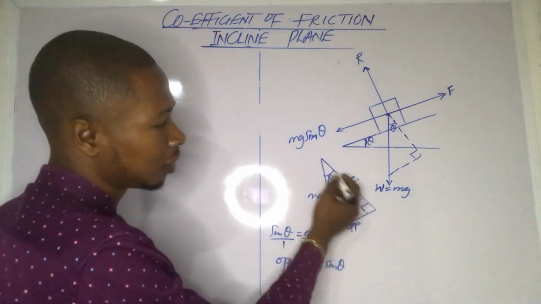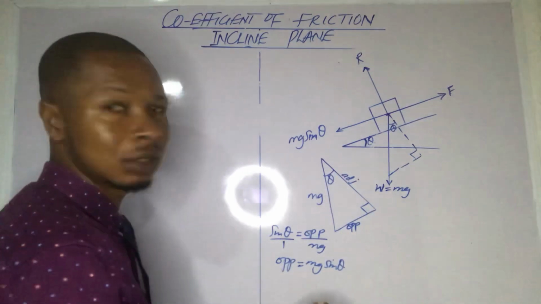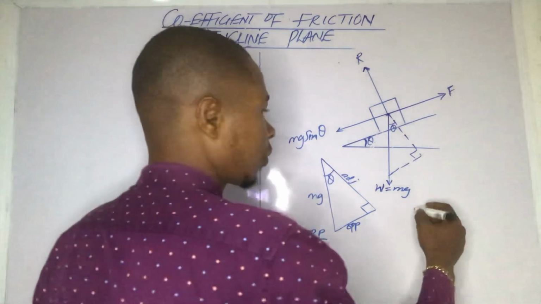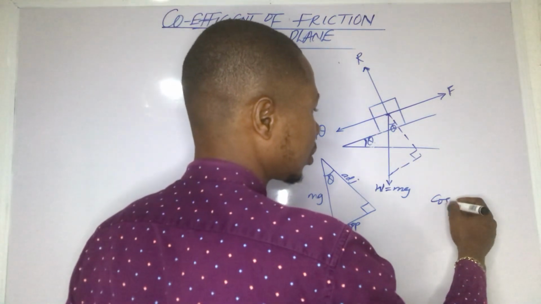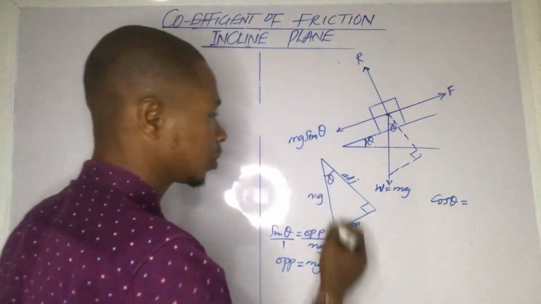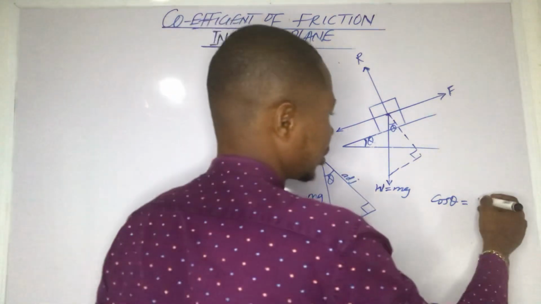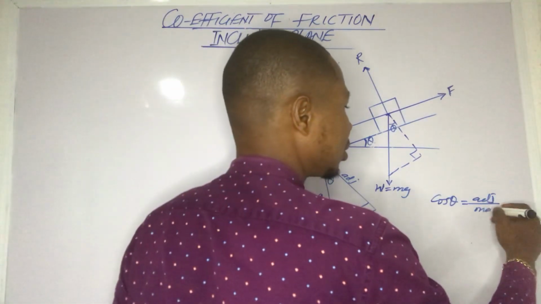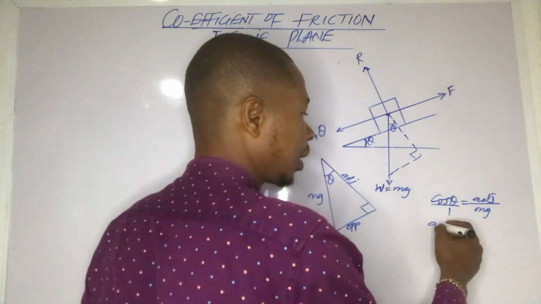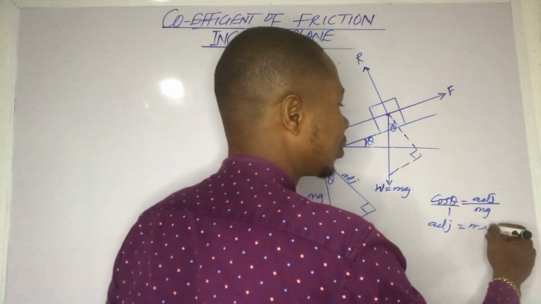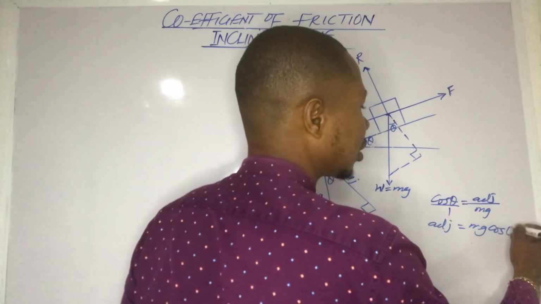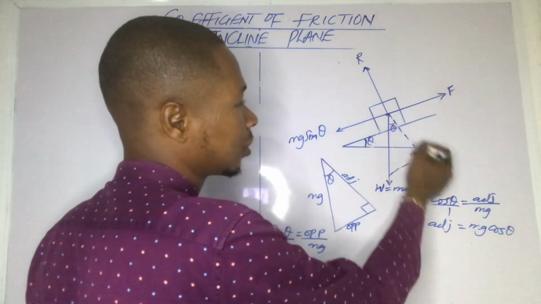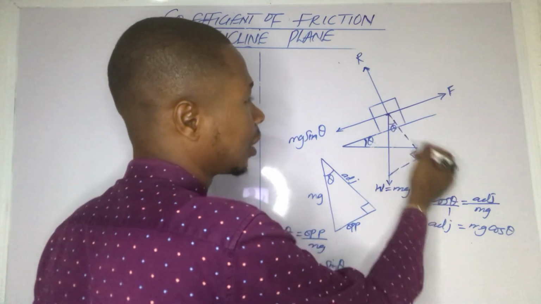Then I need to get this place also. I recall from my trigonometric ratio that cos is equal to adjacent over hypotenuse. So I will have cos theta equal to adjacent, which is this side, over hypotenuse, which is mg. If I cross multiply, my adjacent will be equal to mg cos theta. That means this side is mg cos theta, and this side will be equal to this side.